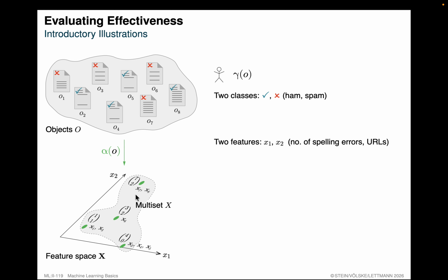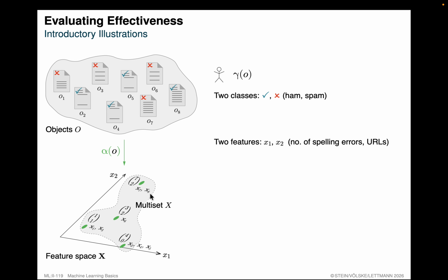We may see that there are two examples now, X7 and X8, which look different but are mapped to the same feature vector. And here again, X1 and X3, belonging to O1 and O3, also two different emails mapped to the same feature vector. And here again, 3 emails mapped to the same feature vector. So we choose this to make it a little bit extreme that this happens.